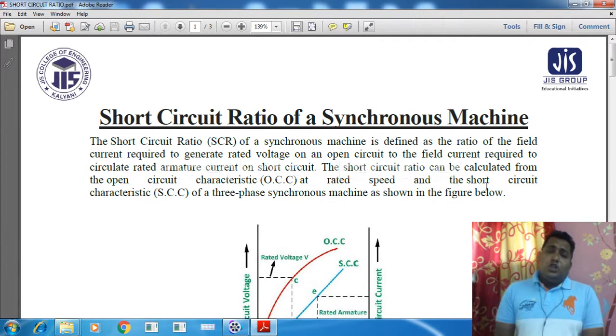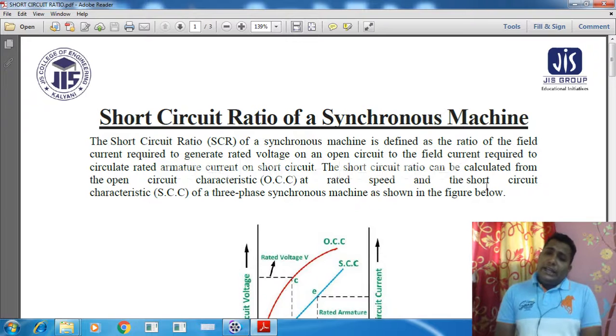The short circuit ratio is the ratio between those two field currents: the one needed for the rated terminal voltage in the open circuit test, and the one needed for the rated armature current in the short circuit test.